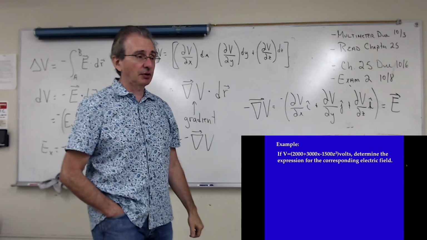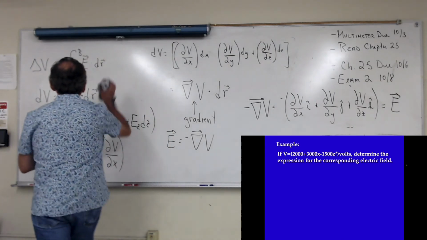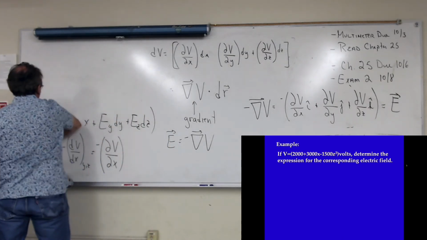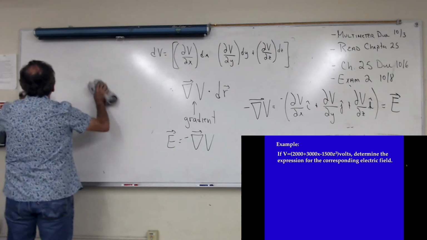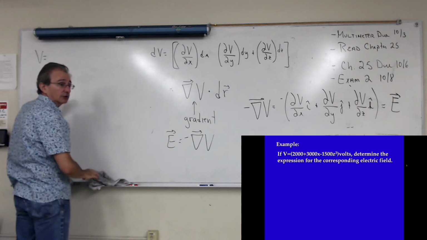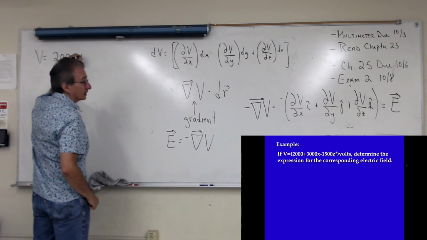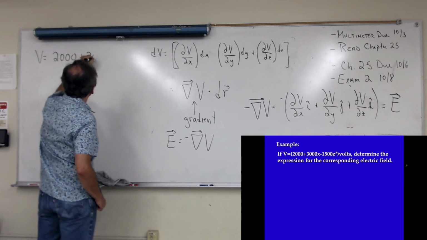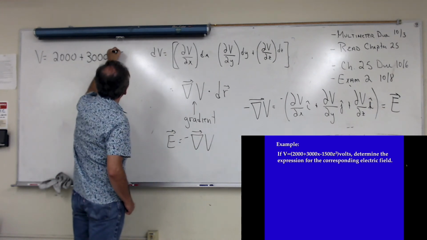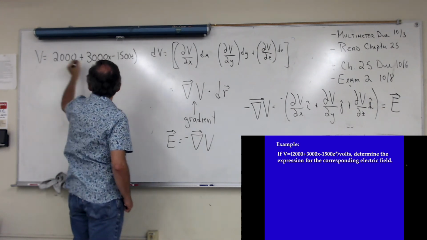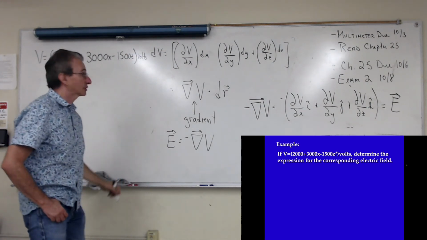Let's do an example. Suppose we're given V as you see on the screen. Let's say V is equal to 2,000 plus 3,000x minus 1,500 z volts, z squared.